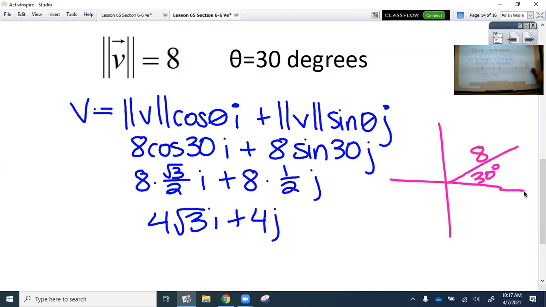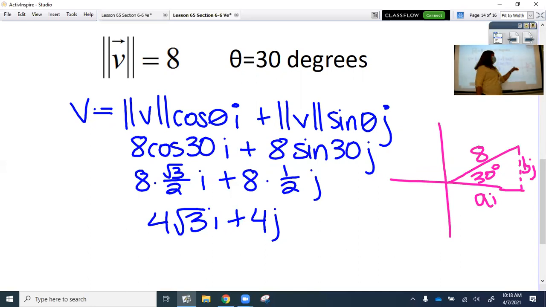If you know 30 degrees and your hypotenuse is 8, can you find these two sides using trig functions? You better be able to, right? I should certainly hope so. So can you find the ai and the bj that you're looking for without having to write this formula? I think you can. And if you're more comfortable doing that, do it.